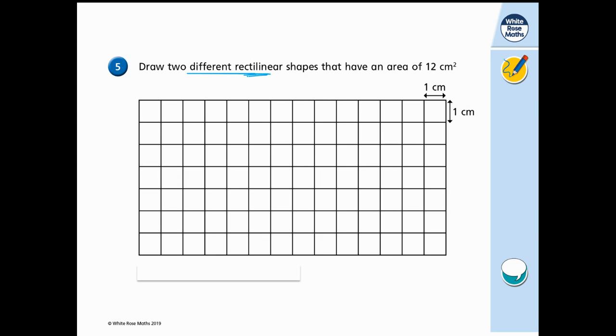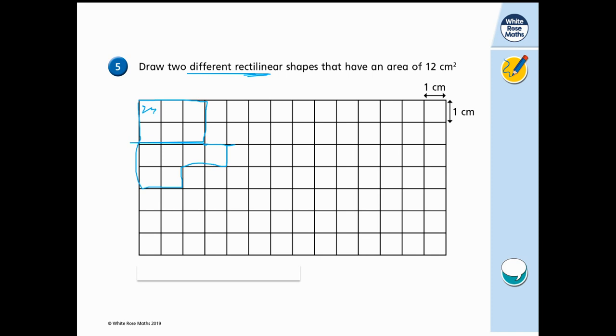Okay, let's see what you've got. Now, you might not have the same as me, and that's fine as long as the area inside is 12. So I'm going to do 1, 2, 3, 6. Ignore that pen mark there. That would be 10. So you could just have a play around with this.